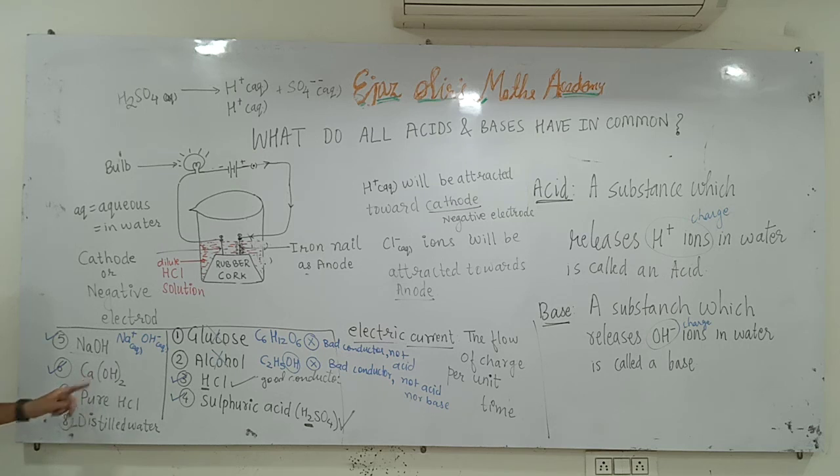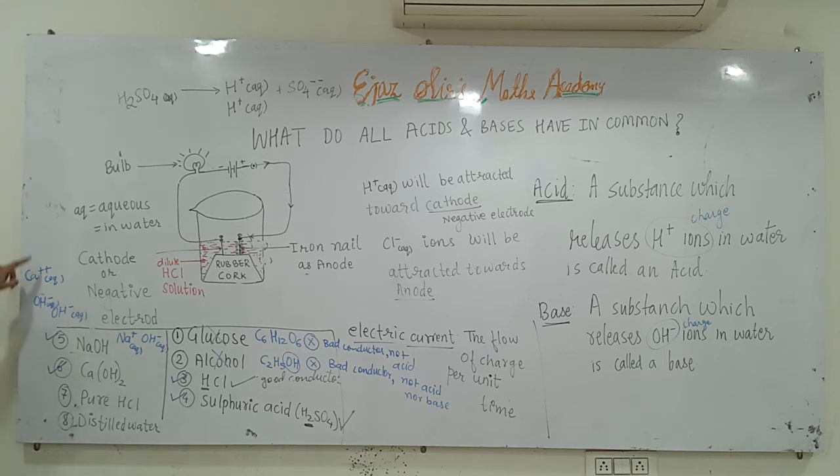Because Ca2 positive ion aqueous will get separated, and OH negative ion aqueous will get separated. I am writing aqueous, it is necessary to write aqueous because they are in water.